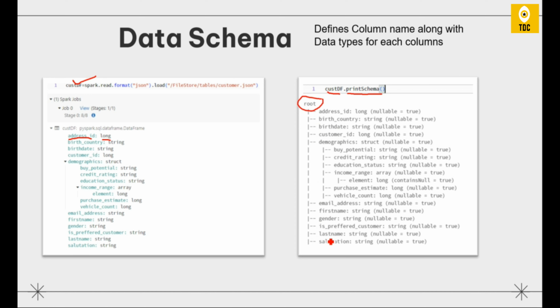If it is nested, here demographic is nested. We are using a nested JSON, which is why a nested data type, a struct data type, is created. As you can see, we have not defined any data type for each column, but Spark is intelligent enough to infer the data type and assign its own.